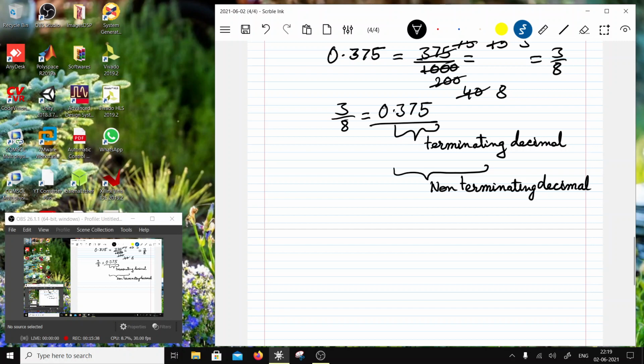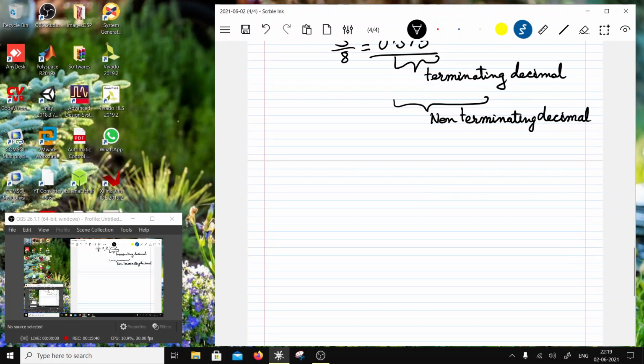If it repeats, then it can be expressed. If the digits don't repeat, then it is going to be an irrational number. Decimals can again be multiplied, divided, raised to a power, right? So you will still apply BODMAS if you solve the expression.